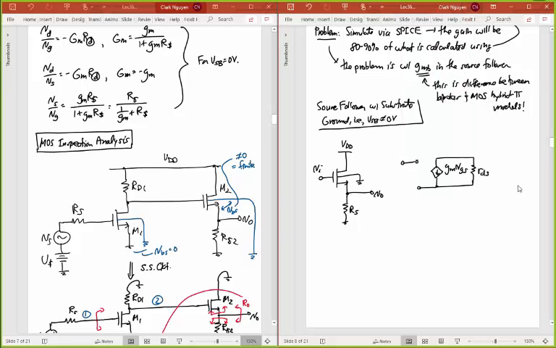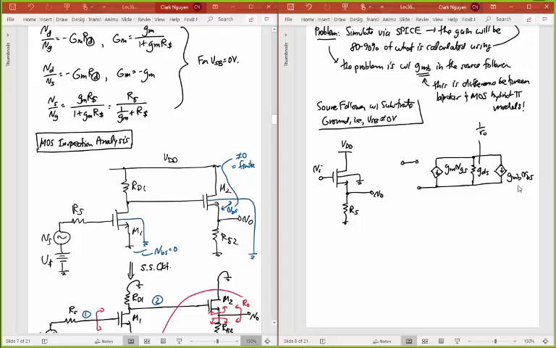I basically want to work in terms of admittances instead of resistances here. That GDS is the same as 1 over r0 that we've been calling before. And then finally, I'm going to add in that other controlled current source here, which is going to be gmb times vbs.